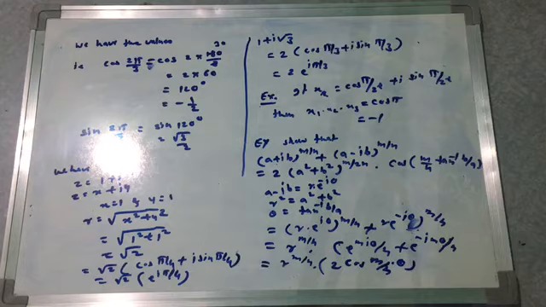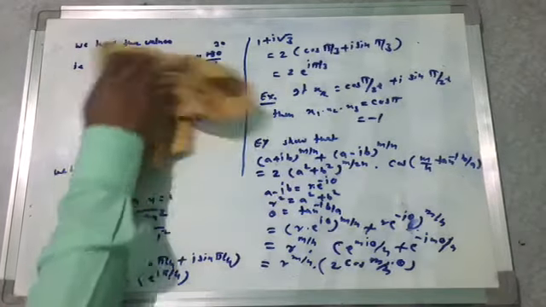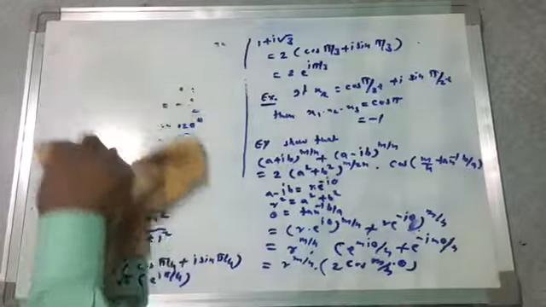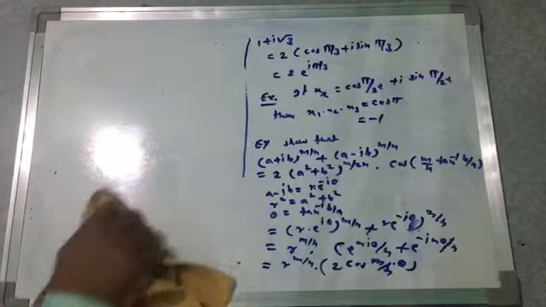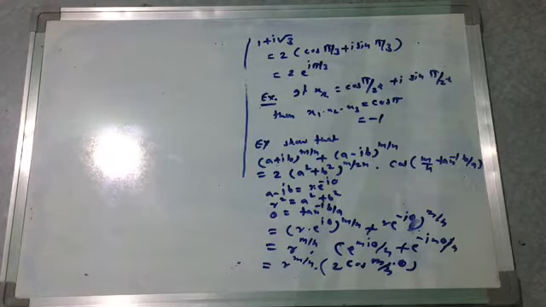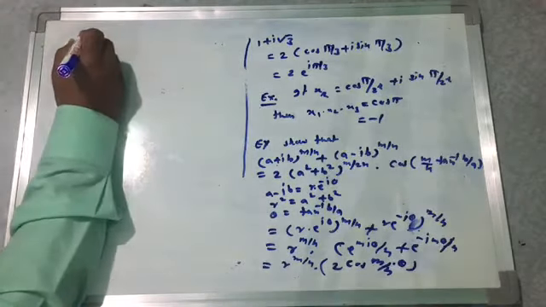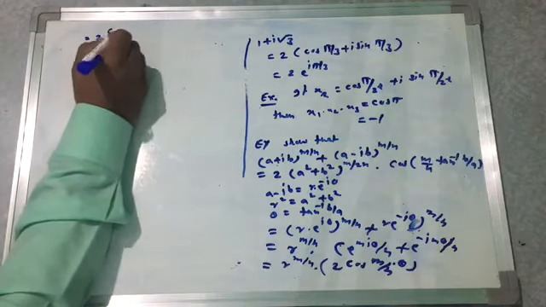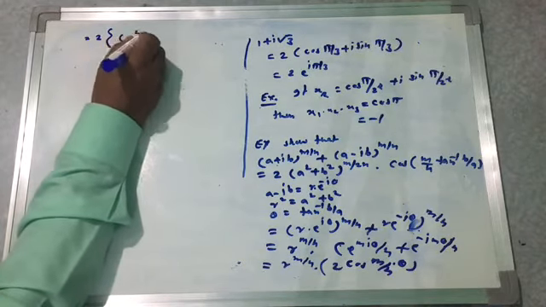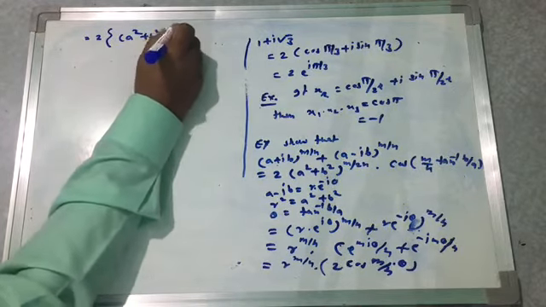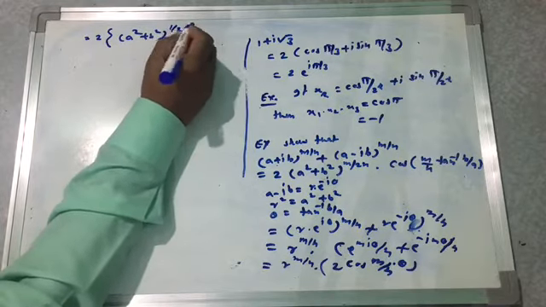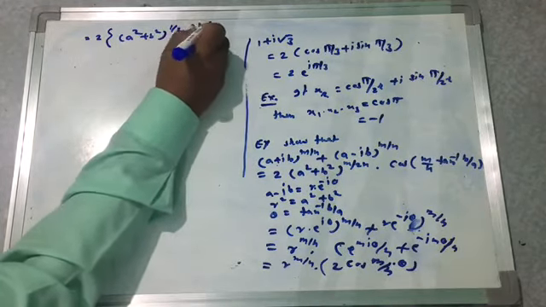We have to write such a thing that could again be written as: this is equal to 2 times (a square plus b square) raised to half, that is raised to m by n.